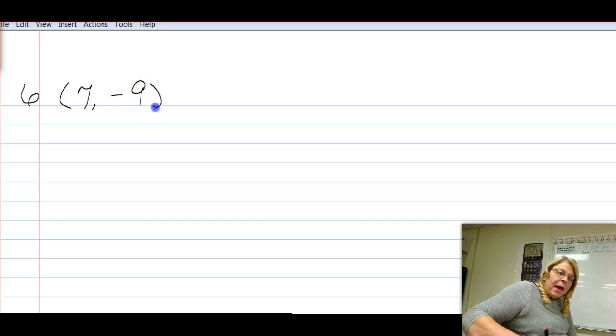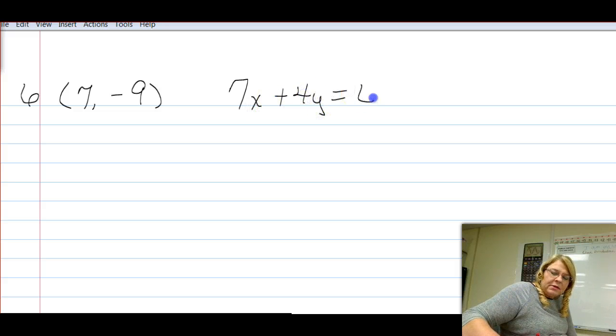I think we are ready for question number 6. Question number 6 says that I have the point 7, -9. I have the line 7x plus 4y equals 6. And I want the line perpendicular.